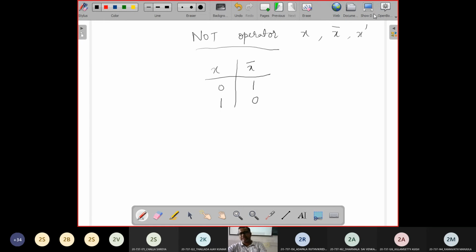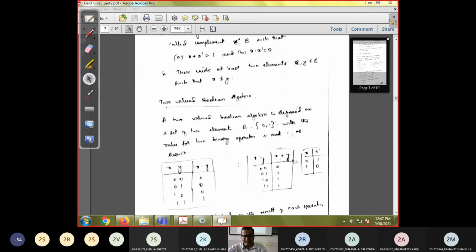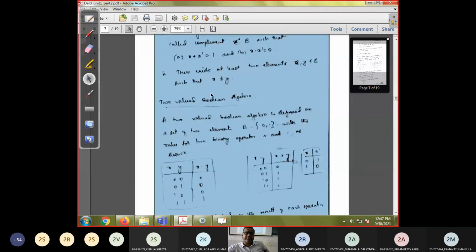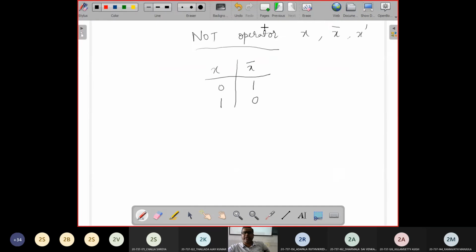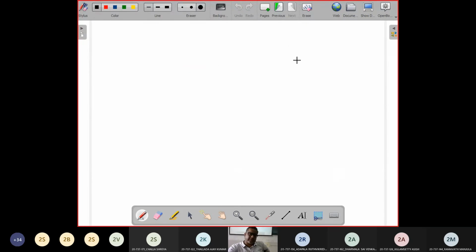Once we know these three operators, this Boolean algebra once again satisfies a very important property. For every element X belonging to B, there exists X complement, the complement of X, belonging to B, such that X plus X bar equals 1 and X dot X bar equals 0.